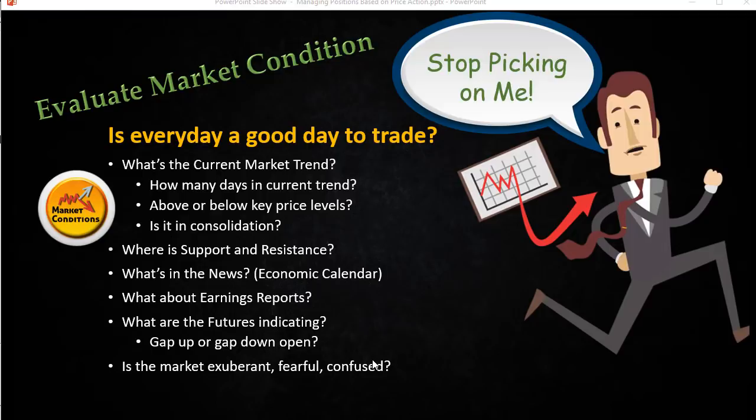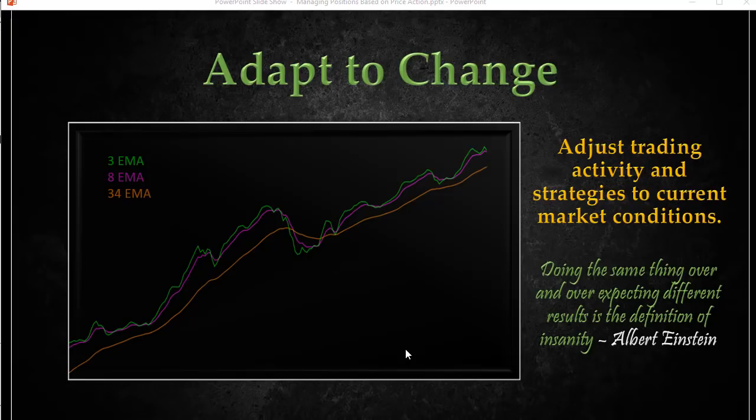Did you check what happened around the world last night, things that might be affecting our market today? We've all seen markets that are exuberant, or overly fearful, or just plain confused. We have to plan our trading around that market condition, and we need to adapt to change.